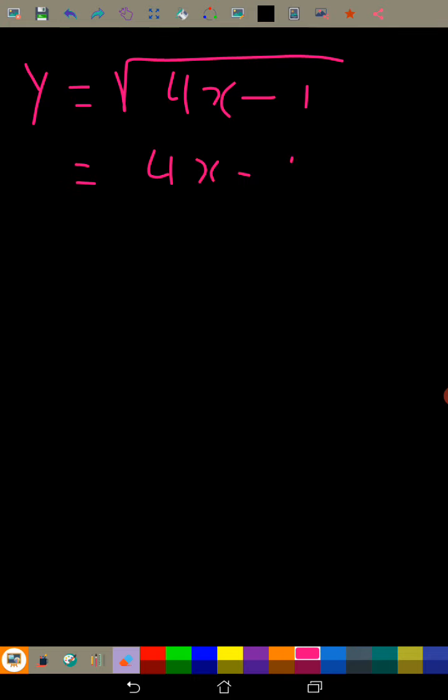Let's take something at random. y is equal to root of 4x minus 1. So we want to differentiate this. We can write it like this, to the power of half, because we know that we want fractions, we want numbers, and so on. Now we have this and we have this.